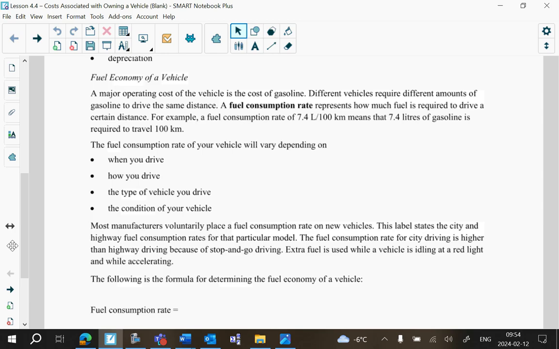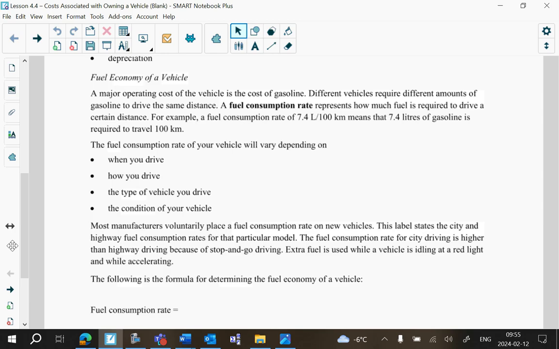If you own a small car with a 4-cylinder engine, you're going to get good mileage. If you own a huge SUV that's an 8-cylinder, which means it has a very powerful engine, essentially, then you're not going to get very good gas mileage, or your fuel consumption rate is going to be pretty high, okay?